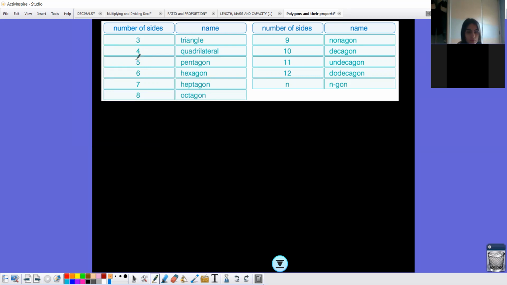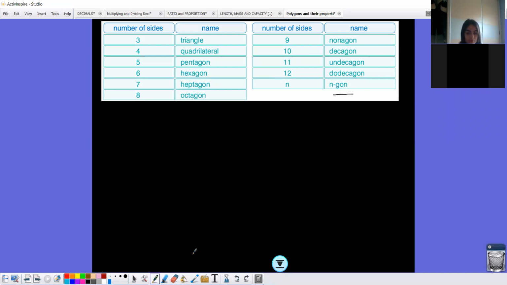And with the 5 sides, we call it pentagon, hexagon, heptagon, octagon, nonagon, decagon, undecagon, dodecagon, and if there are n sides, it's called n-gon. Okay, with the n sides, it will show us n-gon. We don't know the number of sides. So these ones, nonagon, decagon, undecagon, maybe we will not use that much, but this part, like hexagon, heptagon, octagon, we can see in some questions.